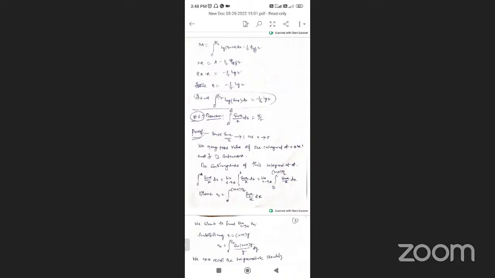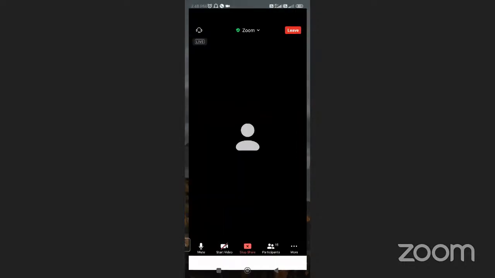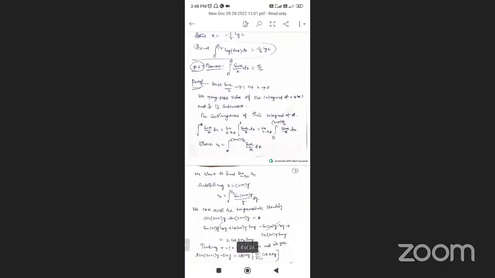That is part 10.6.1, theorem. This is important also: the integral from 0 to infinity of sin x by x dx is equal to pi by 2. This is the integration from 0 to pi by 2.